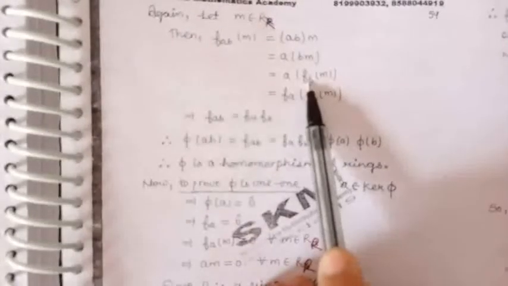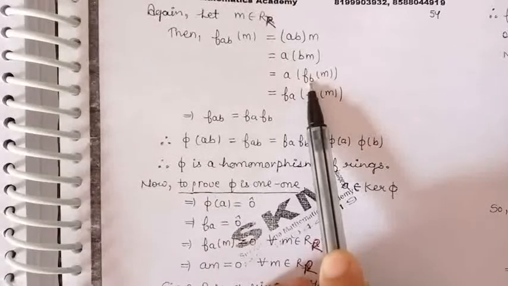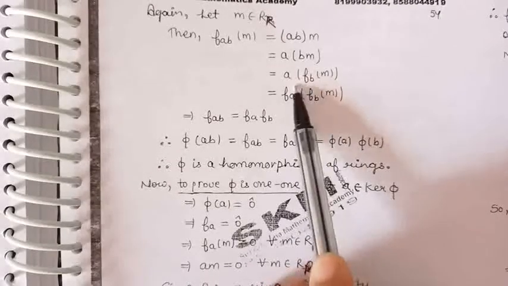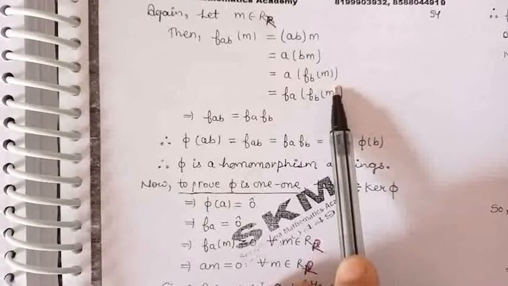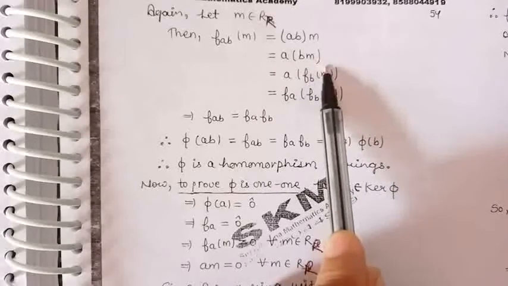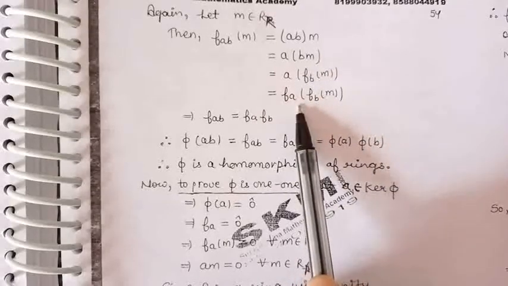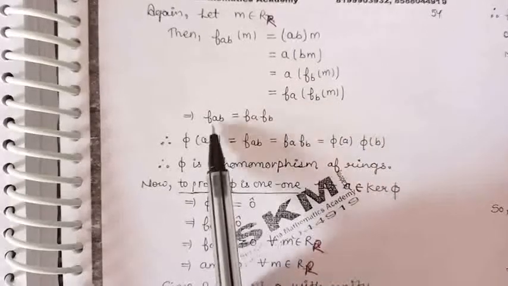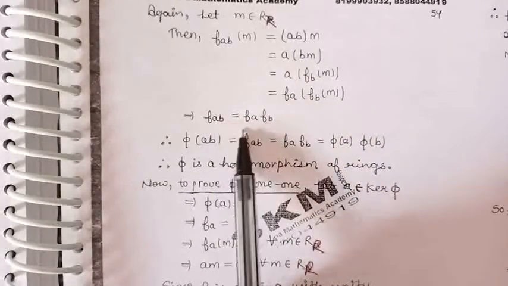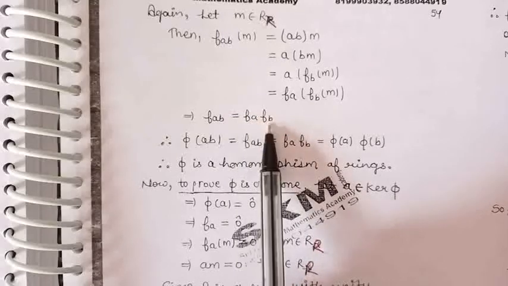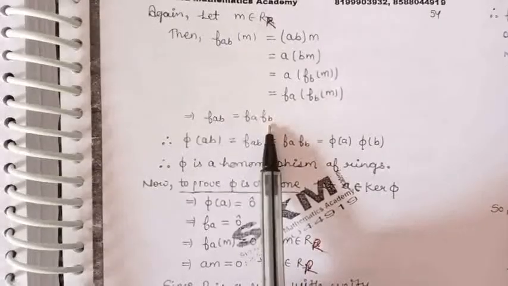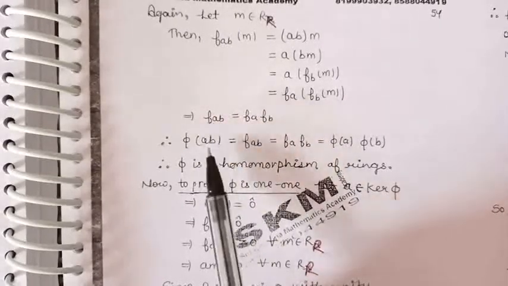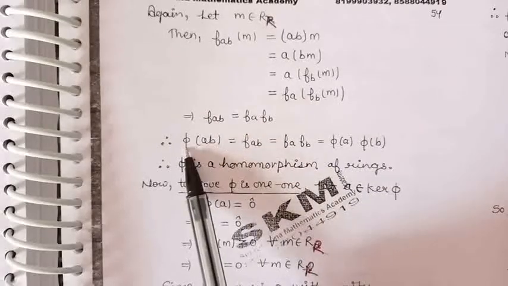Now what is bm? bm is the image of element m under the mapping f_b, and again by definition this is the image of this element under the mapping f_a. So we have proved the mapping f_{ab} is the same as f_a times f_b, and by definition this is the image of element ab under phi.